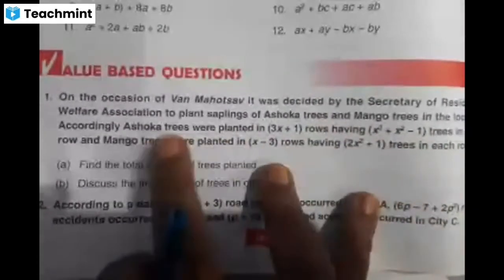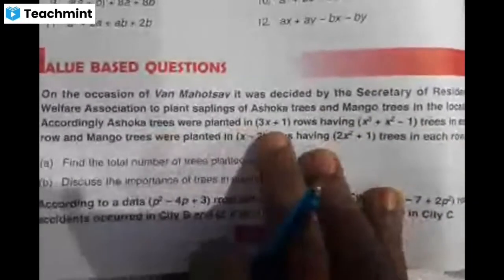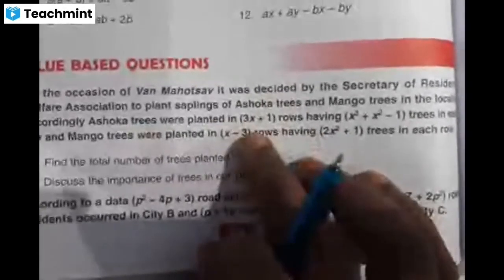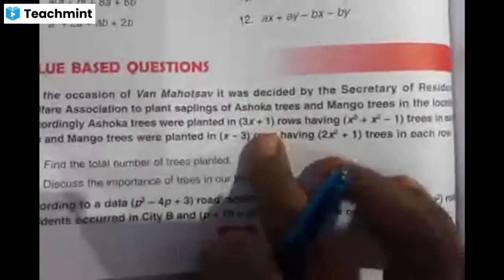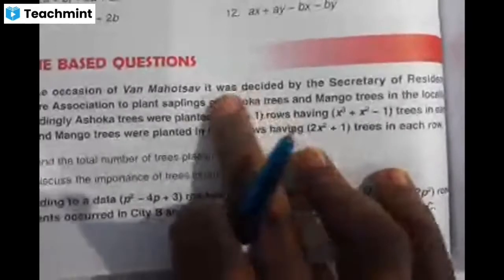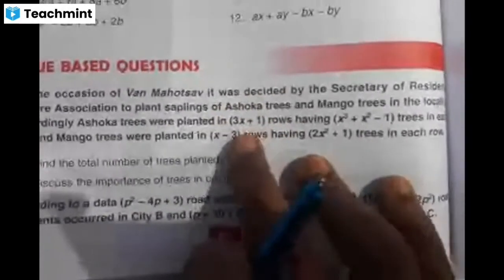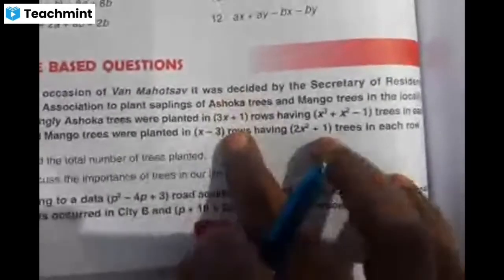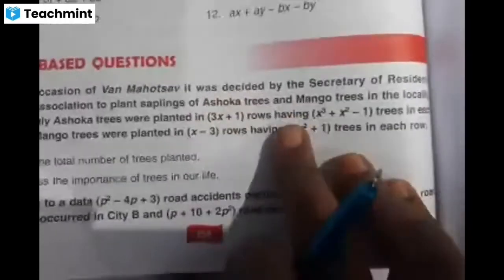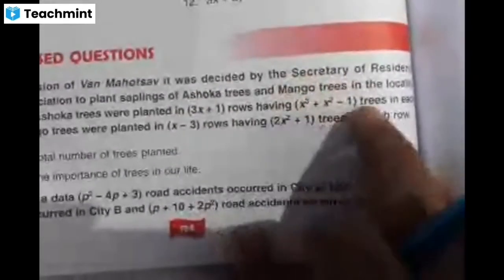So these Ashoka trees are planted in how many rows? 3x plus 1 rows. This is the number, children, but it is given in algebraic terms. This is the number of rows, and in each row there are this many trees.